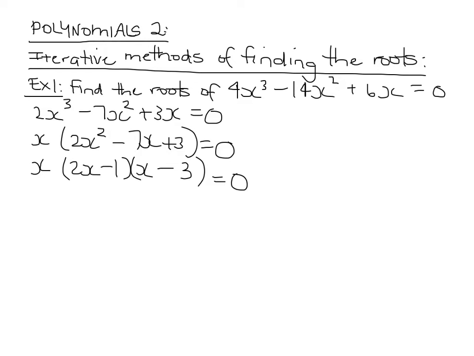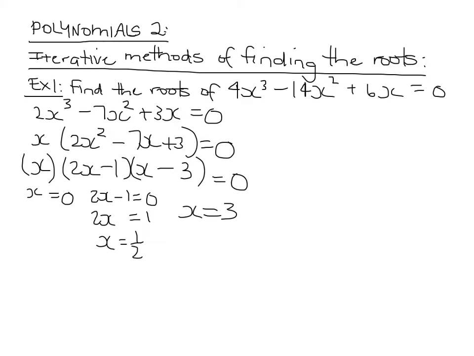So I've got three things multiplied to give 0, so one of them must be 0. So either x equals 0, 2x minus 1 equals 0, 2x equals 1, or x equals a half, and x equals 3. So in this case I can find the roots, and I can have a go at sketching it.